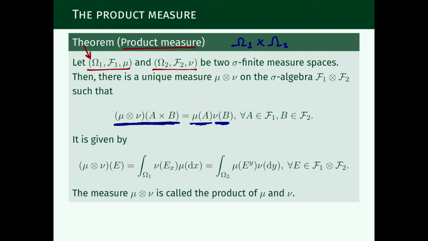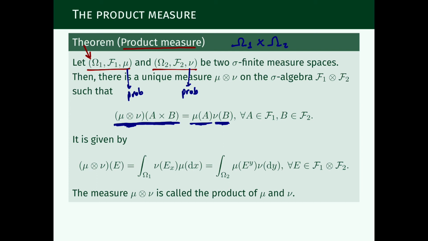Okay? And if mu is a probability measure, and nu is also a probability measure, then this product measure is just saying we can perform both of these experiments independently.